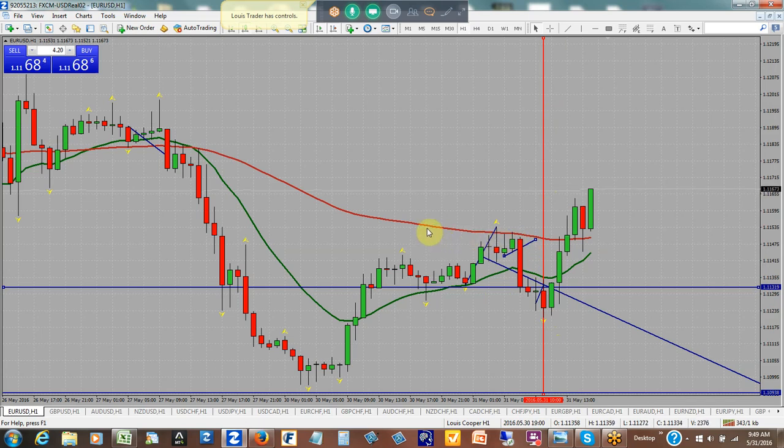This area between here and here is no man's land. I don't know if we ever talked about that. Yeah, we have, but I've also seen in the video where you said it was below the 89, and also the bias was to the downside. Yeah, that's what I kind of agree.